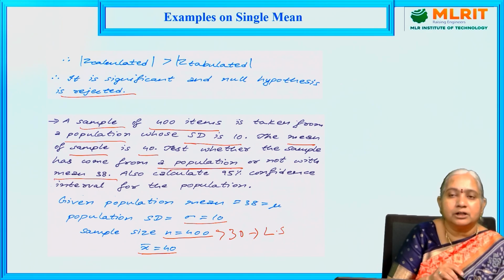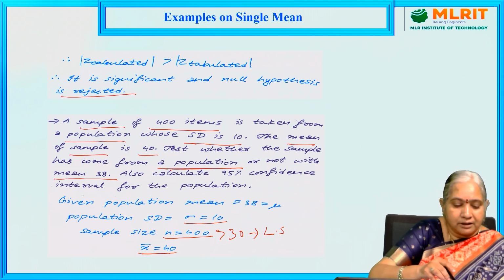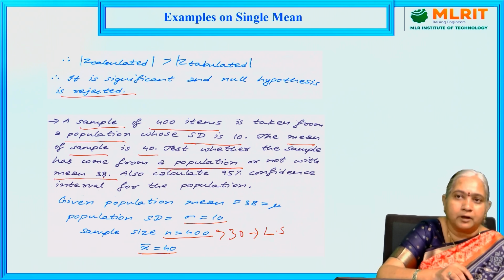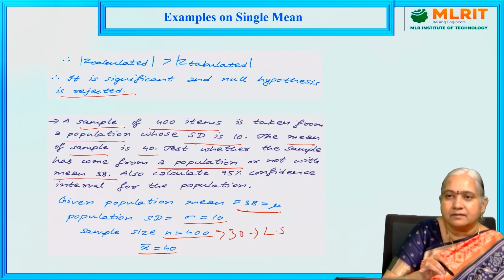He claimed that the population mean is 38. Whether this sample is drawn from the same population or not, that we are testing. That means here we are claiming that the population mean mu equals 38. This is our claim.